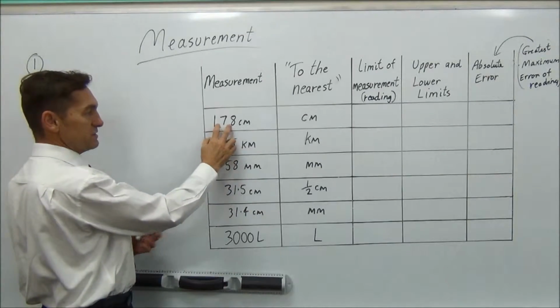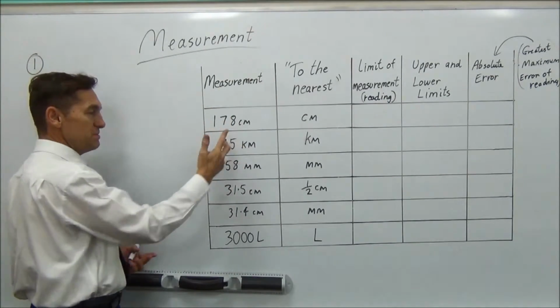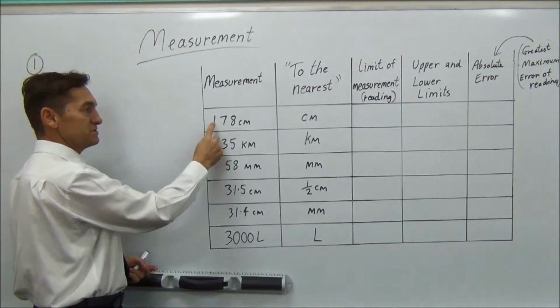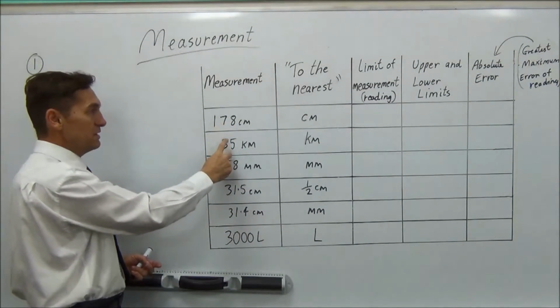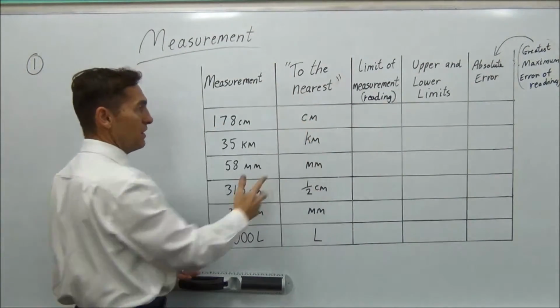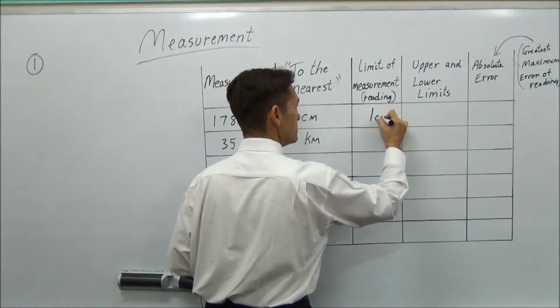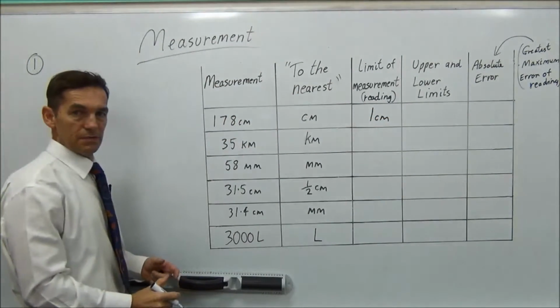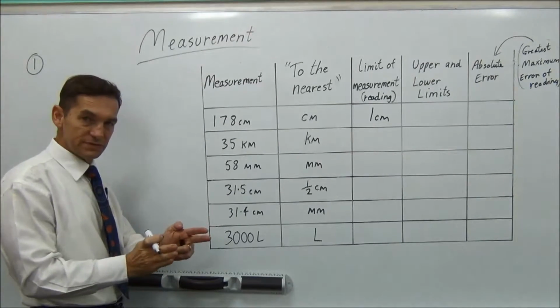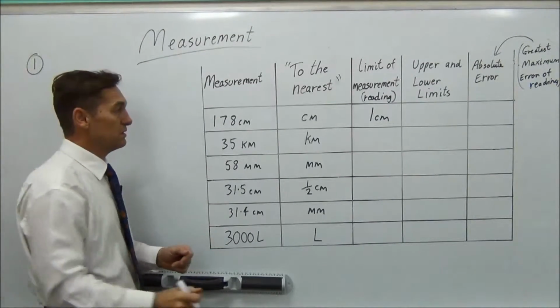So let's say the question says, I measure something or other, and it's 178 centimetres long to the nearest centimetre. Well, that tells you your limit of measurement is going to be 1 centimetre. Because that's the limit. You've got that 1 centimetre, and then there's the next measurement.